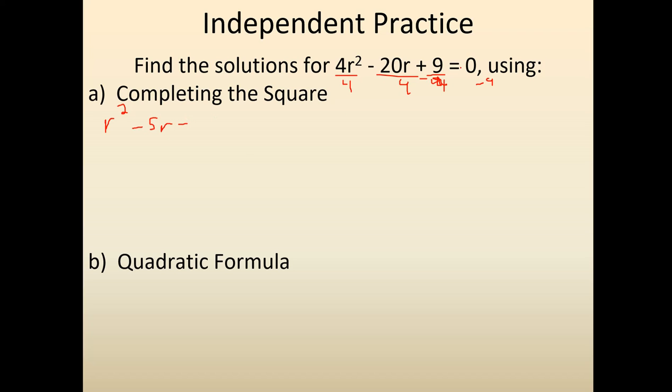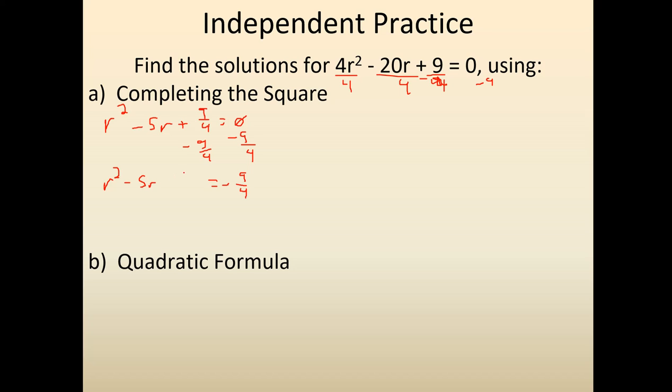And then this will end up being plus 9 over 4 equals 0. Now I'm going to move the 9/4 over. And you end up getting r squared minus 5r equals minus 9 over 4.